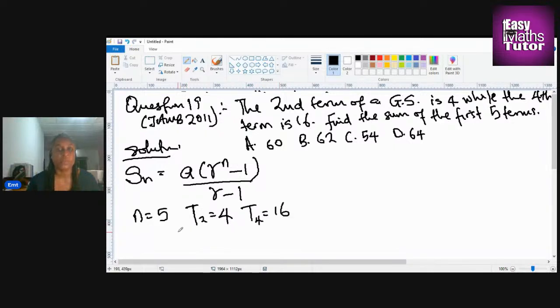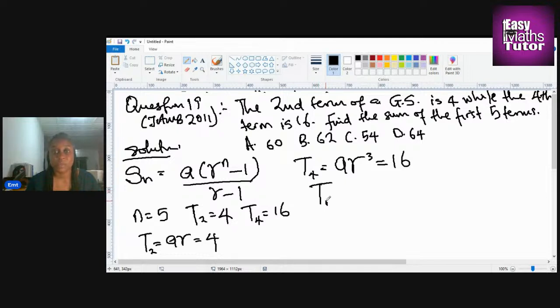So for a geometric series, the second term is depicted as a times r raised to power 1, which is equal to 4. And the fourth term is a times r raised to power 3, equal to 16.